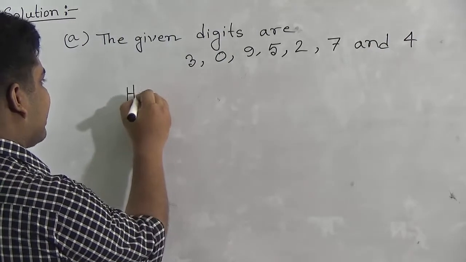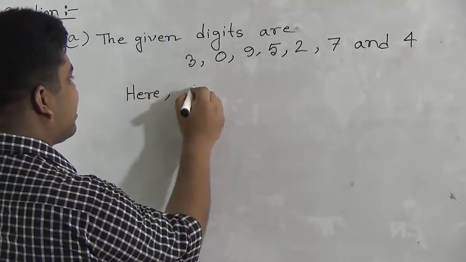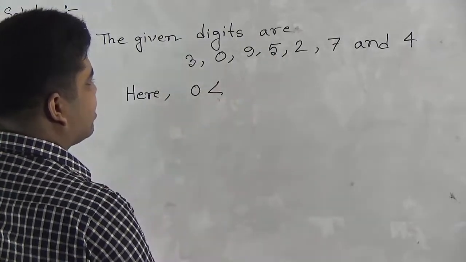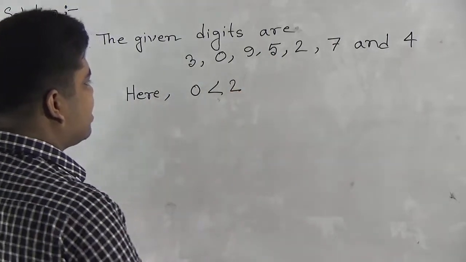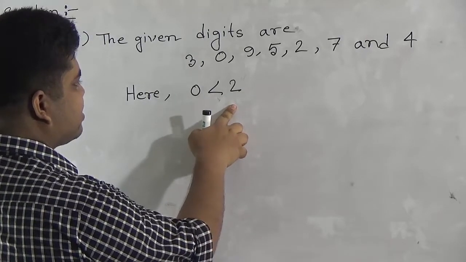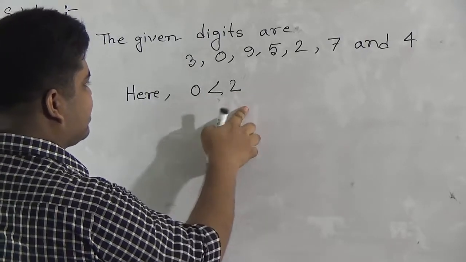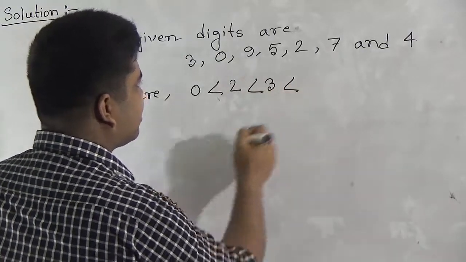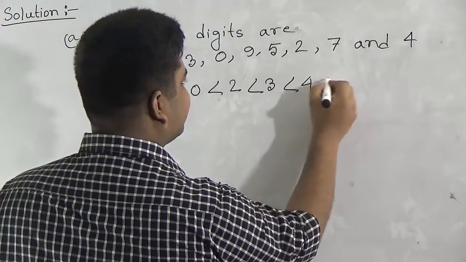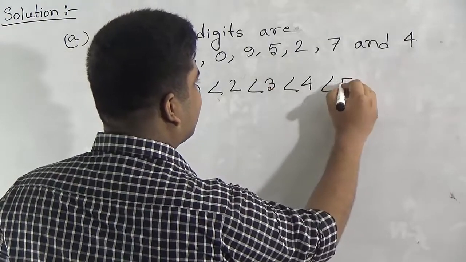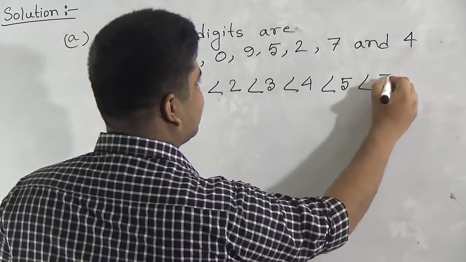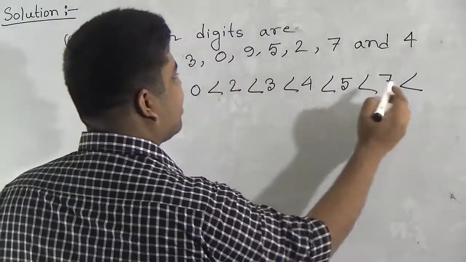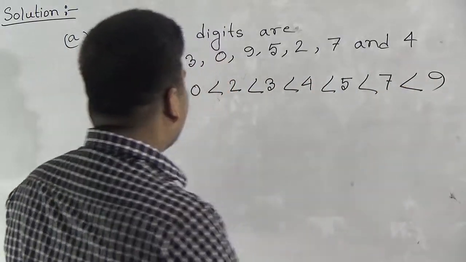Student, notice here 0 is the smallest digit among the whole digits. Then 2 is greater than 0. Okay. Next 3. Next 4. Next 5. Next 7. And the greatest number among the whole digits is 9.